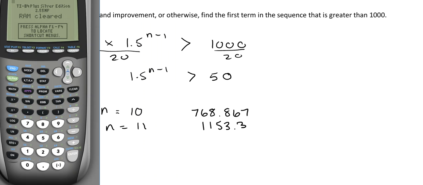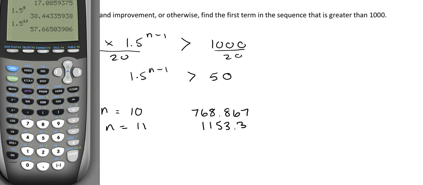Literally on my calculator, I would just be doing 1.5 to the power of, I'd have a guess. Let's say I guess at 7 and I get that. Okay, I need to go further. So I'm going to do 1.5 to the power of 9. Now notice that I want 50, not 1,000 now, because I've simplified it. 1.5 to the power of 10 gives me 57.